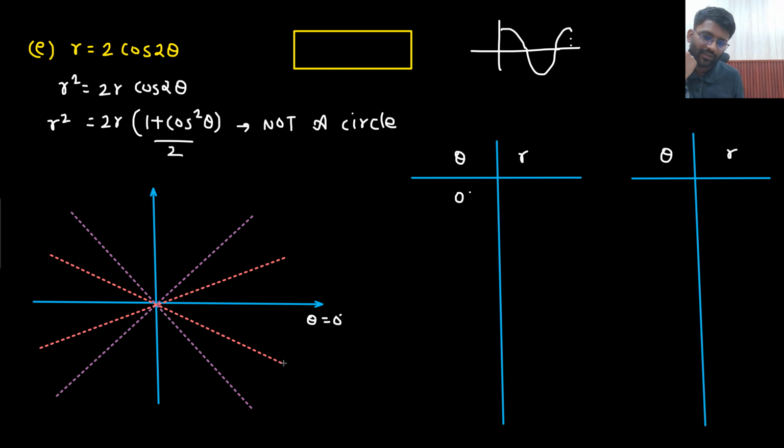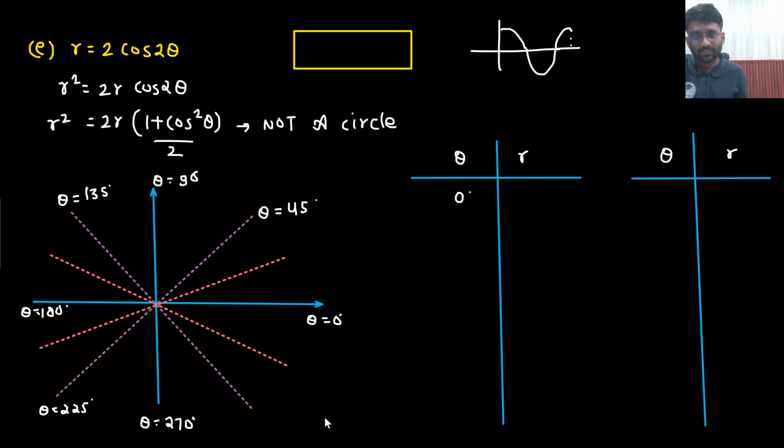So this is theta equals 45 degree, this is theta equals 90 degree, this is theta equals 135 degree, this is theta equals 180 degree, this was 225, this was 270, and this was 315.